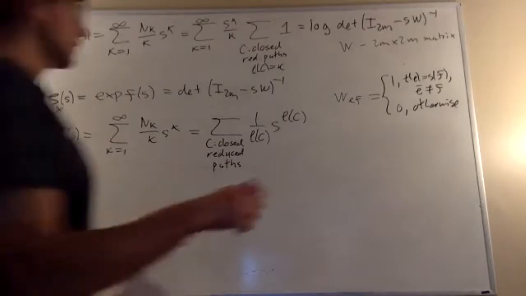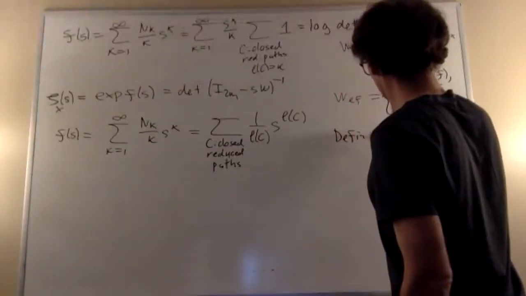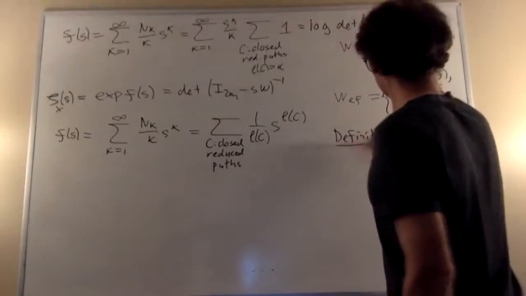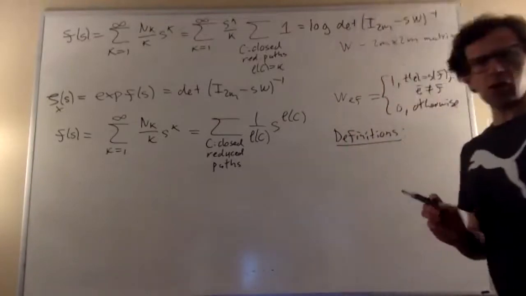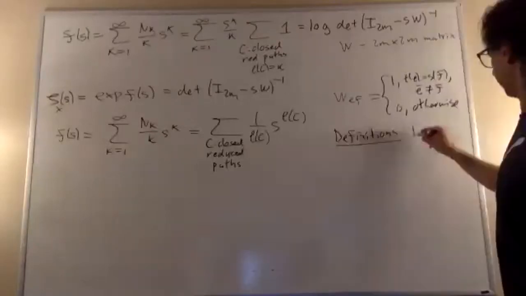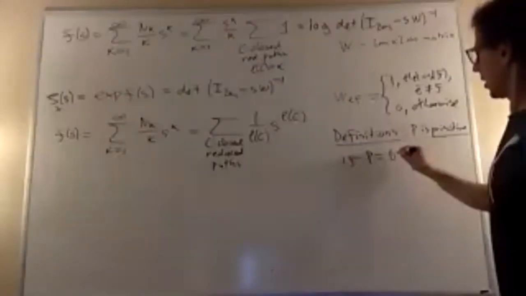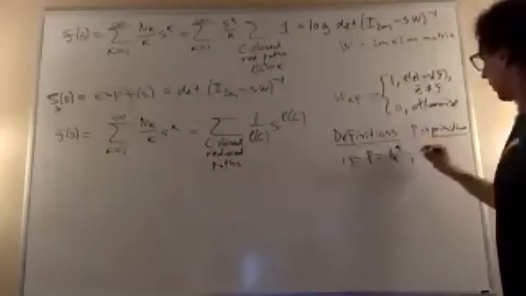Okay, and so I'm going to give a couple more definitions. I'm going to say that a path P is primitive if P is not the power of any other path.